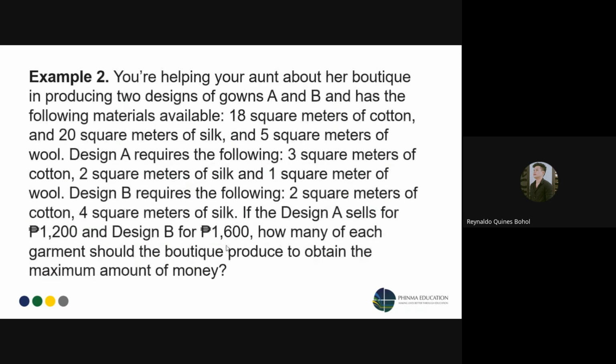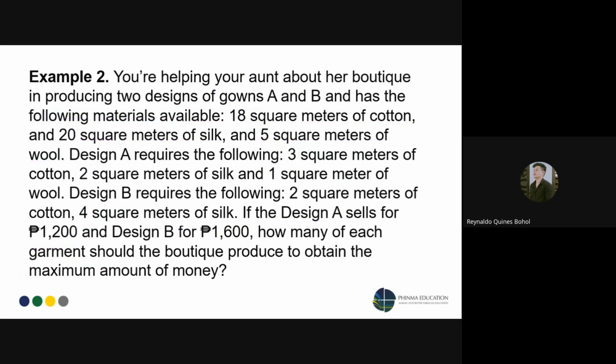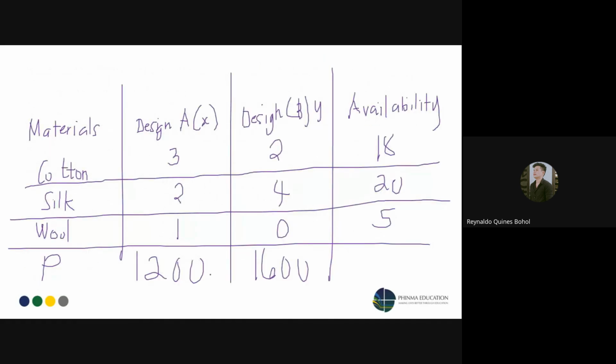then the design B is 1, 6. Saan galing yan? Maximum ang hinahanap, 1, 2 daw sa A, 1, 6 naman sa B. Ayan. So, alam mo na yung objective mo. Ang objective function is ito, 1, 2x plus 1, 6y. Okay? Ito naman yung first equation mo, second equation, third equation.